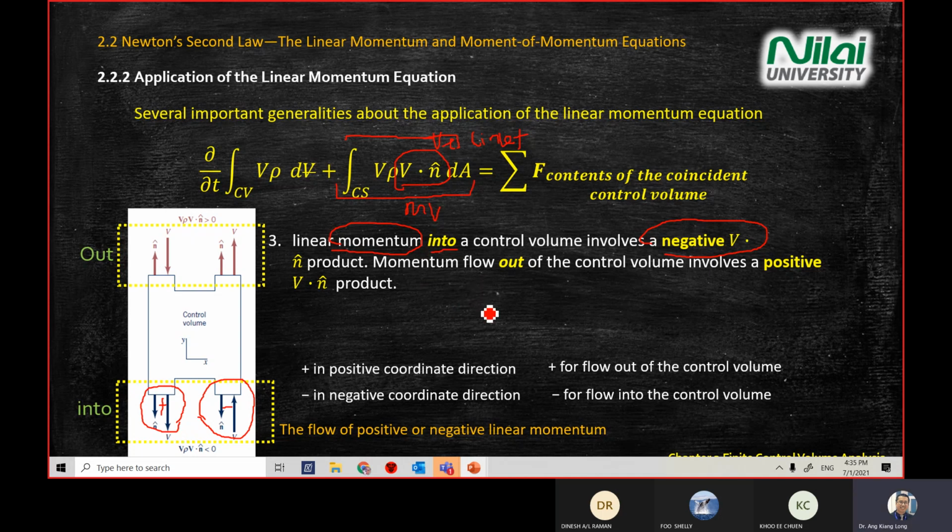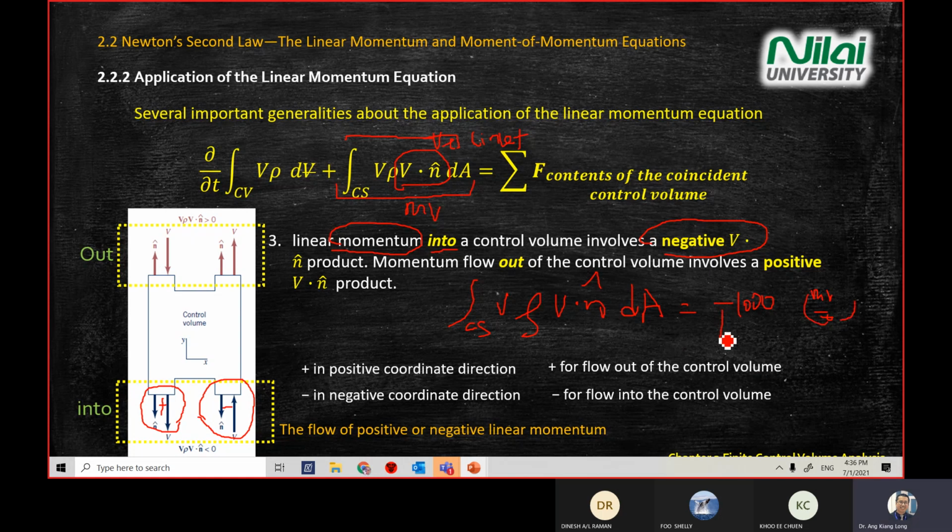Okay. Now in the test, how is this going to apply? If after you calculate the integral of V rho V dot n hat dA, you get, let's say, negative 1000, this represents the momentum, mV divided by t.